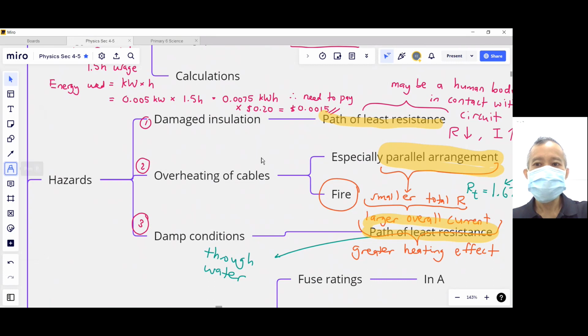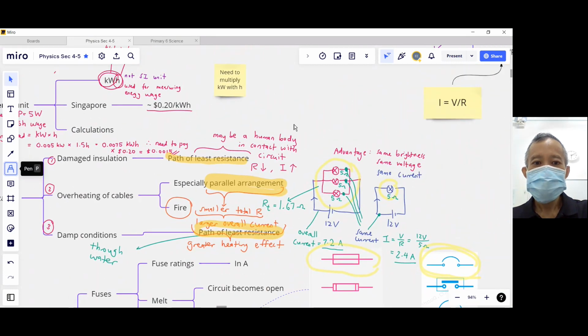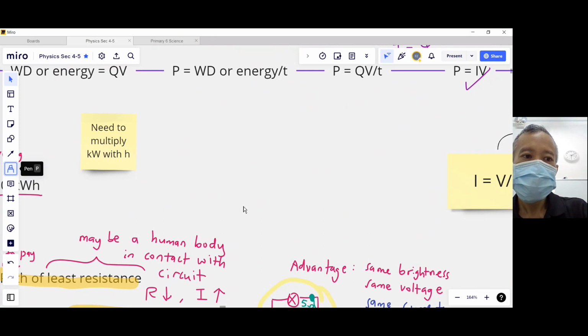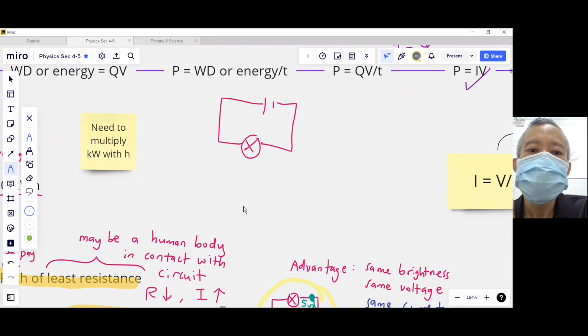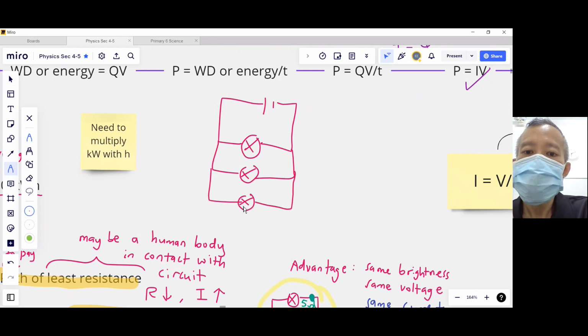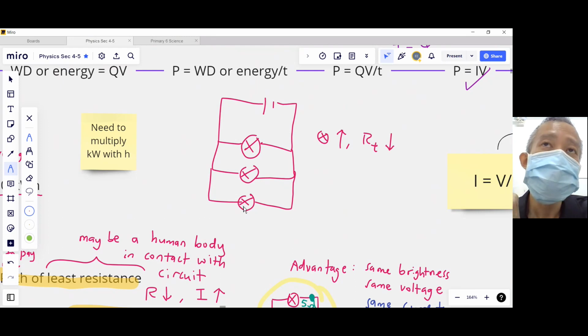Now, let's look at the basics again. I hope you remember this. Remember if I have this circuit, folks. All right, then what if I add in another appliance? One more. You may not realize this, the more appliances you have, the total resistance becomes lower.